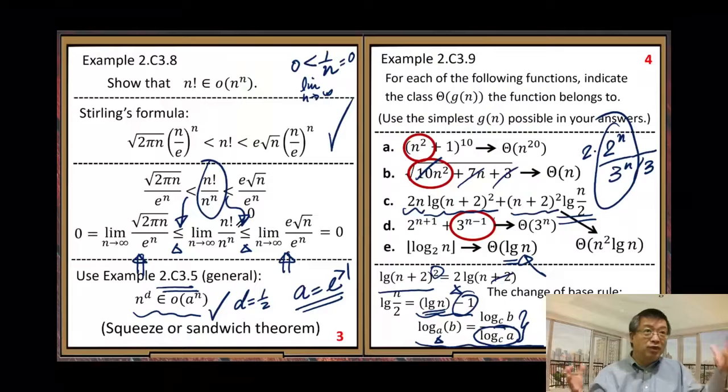So the difference between two base expressions is just a constant factor. But for our asymptotic notation, a constant multiple does not change the order of growth. So we don't worry about which base is used, but we do need base A greater than 1. That's important.